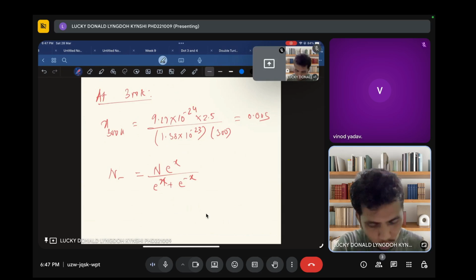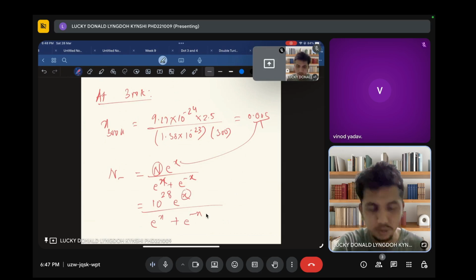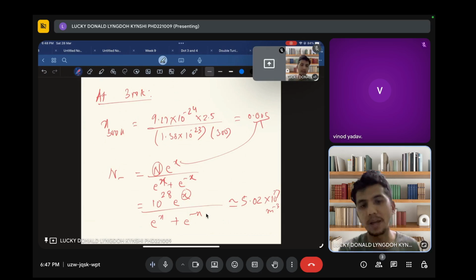And x you already know from this one. So you substitute n, which is 10 to the power 28, already given to you, 10 to the power 28 e to the power of x, plus e to the power minus of x. And x is 0.005, and this is approximately 5.02 into 10 to the power 27 per meter cube. Okay, so that is n minus.